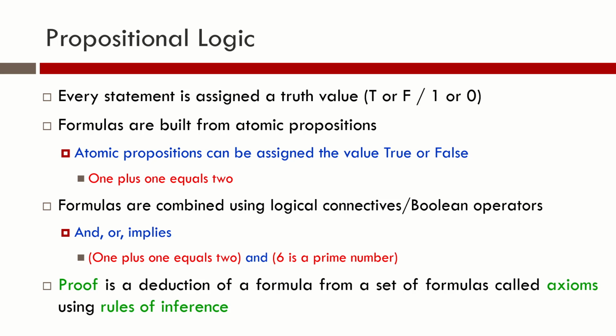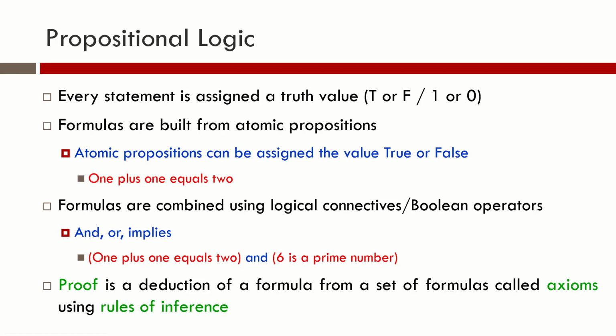That is, it can be assigned either the value true or the value false. An example is, suppose we have an atomic proposition, say 1 plus 1 equals 2. That is a statement which is true. So the truth value assigned to the statement 1 plus 1 equals 2 will be true.